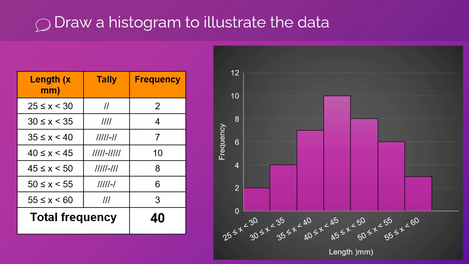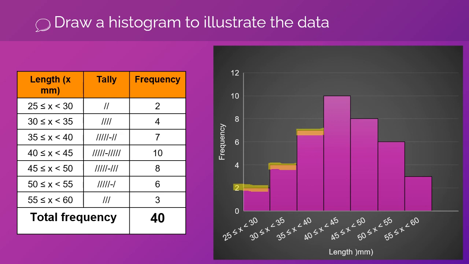So next, let's draw a histogram to illustrate the data. For equal or greater than 25 but less than 30, we have 2. This one. Then next, equal or greater than 30 but less than 35, we have 4. The next, greater than or equal to 35 but less than 40, we have 7, between 6 and 8.